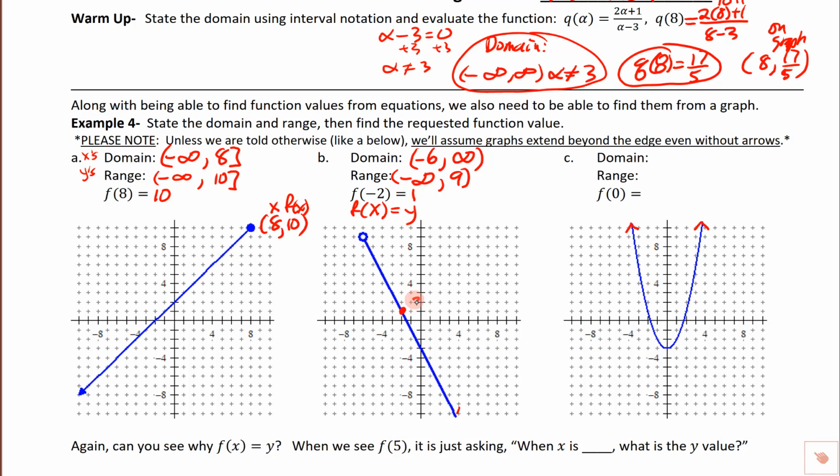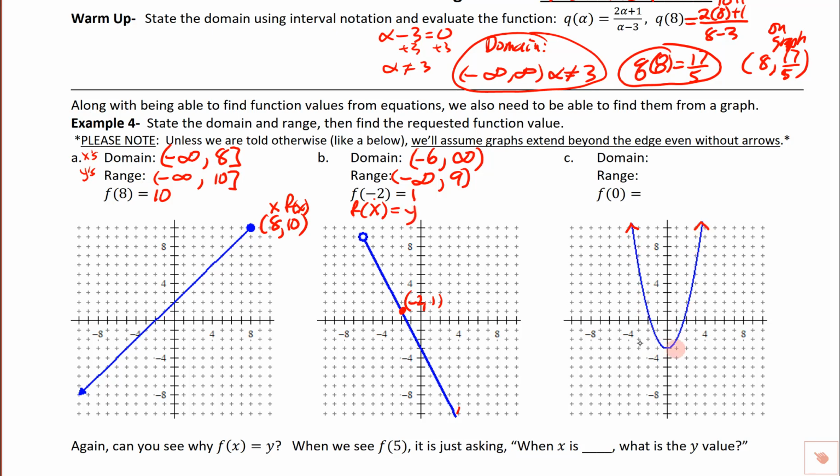So this point is -2, 1. We plug in a -2, we get out a 1. That is, f of x is the same as y. So when we plug in a -2 for the x, we get out a 1 for the y. Okay, let's take a look at this next one.